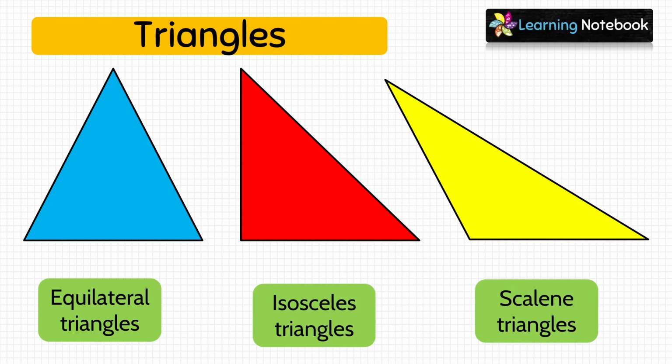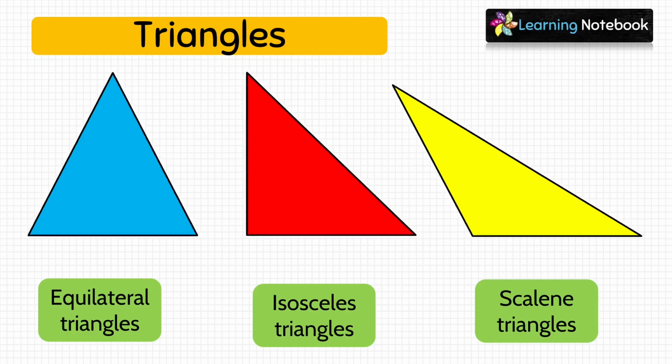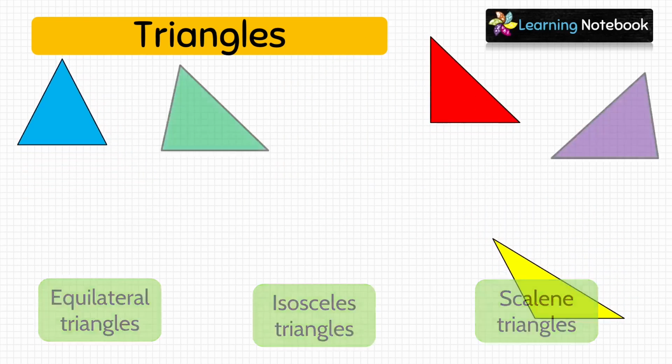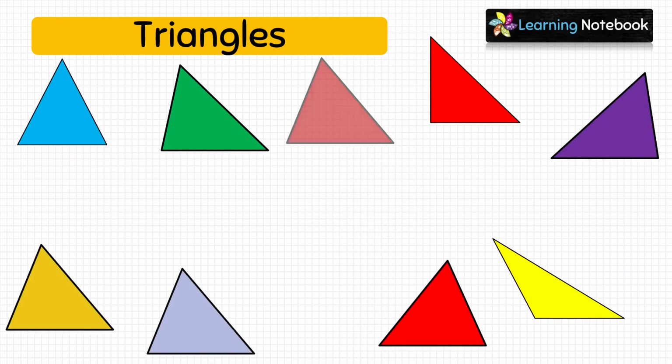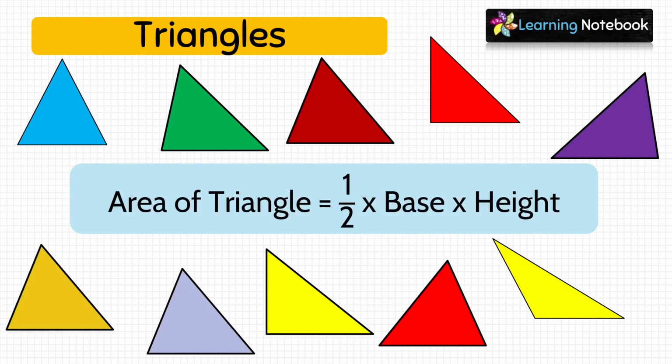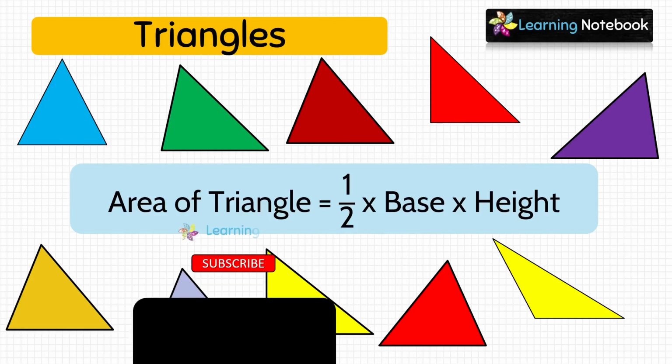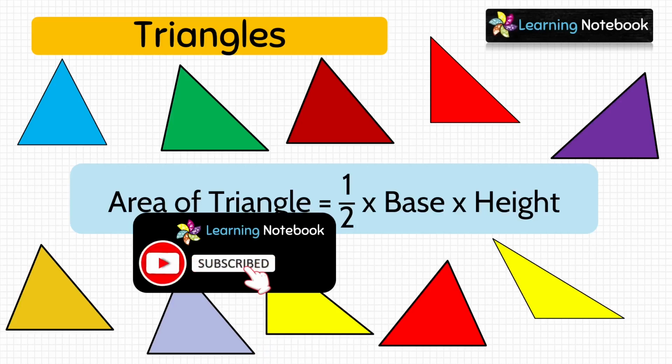For all these types of triangles, we have only one formula to find the area. And the formula is half into base into height. Base is one side of the triangle which we can easily measure.